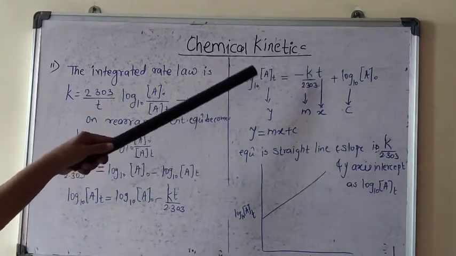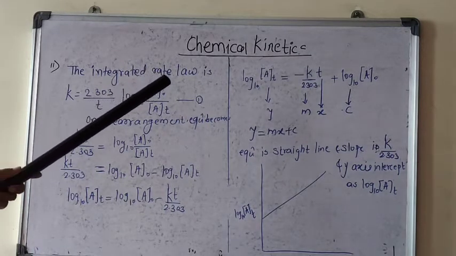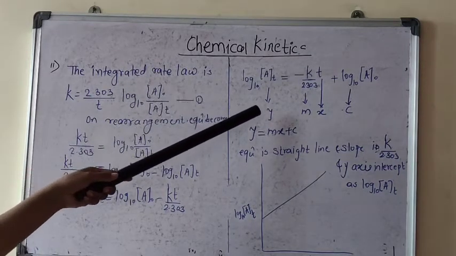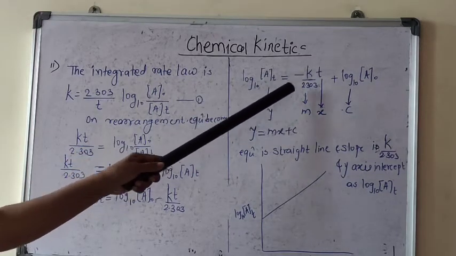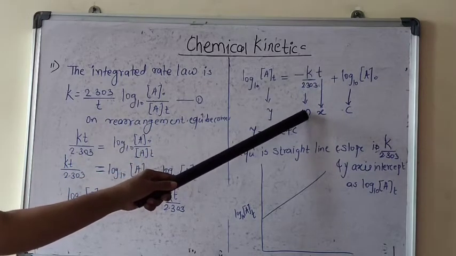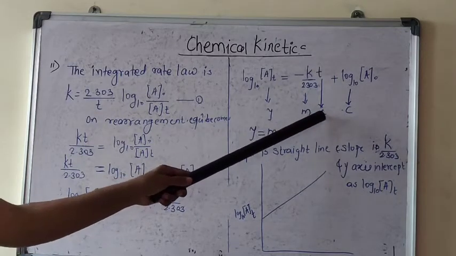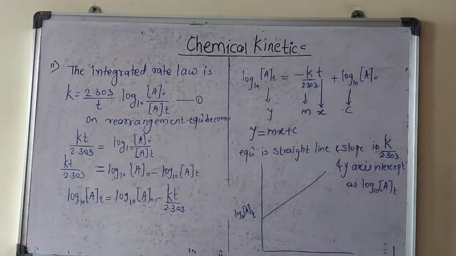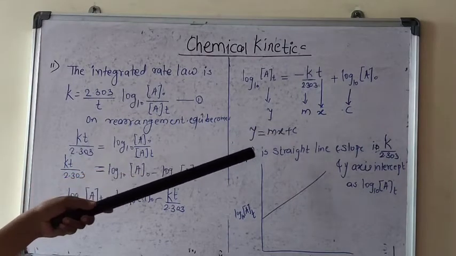Now if you consider that equation in mathematical form, log At is considered as y, k upon 2.303 is m, t is x, and log A0 is the constant. So we get the equation in the form of y equal to mx plus c.